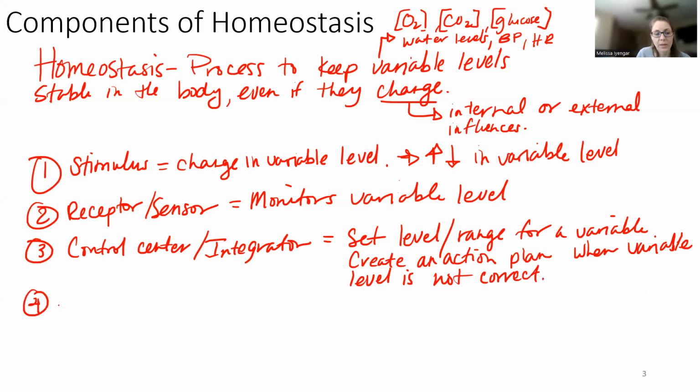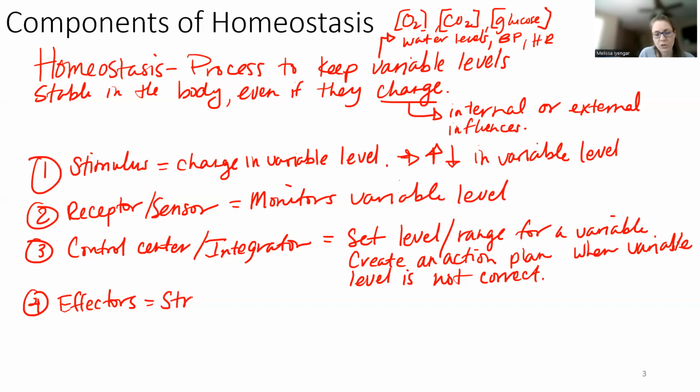So four has to be effectors. Effectors are usually an organ, tissue, something in the body that's going to help us figure out how we're going to go back to how we're going to adjust our variable level. Okay.